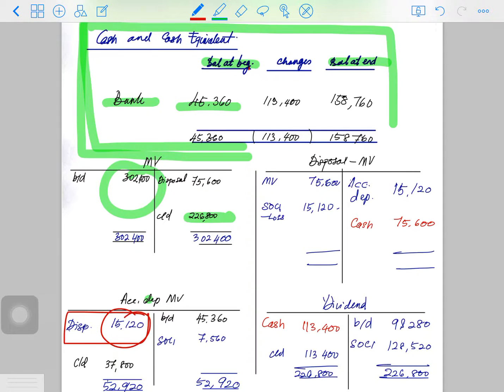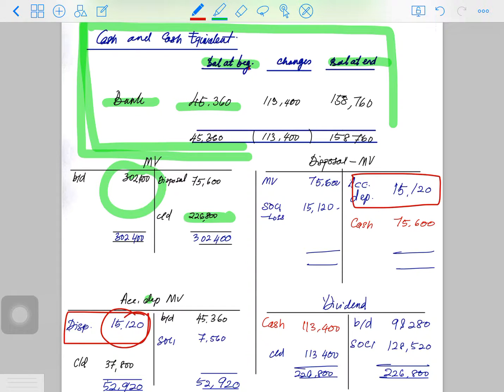The difference here is actually the accumulated depreciation that has been transferred to the disposal account because the asset has been disposed of. When the asset is disposed of, the accumulated depreciation of that motor vehicle is transferred to the disposal account.